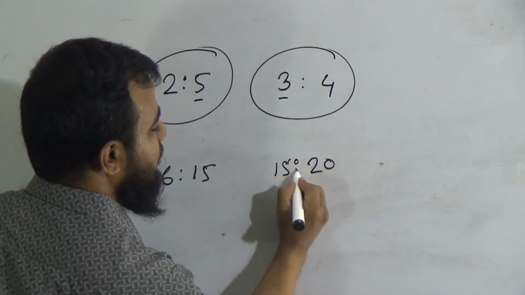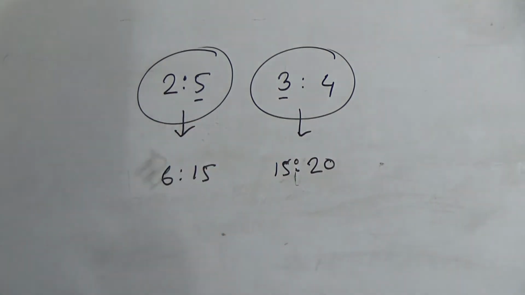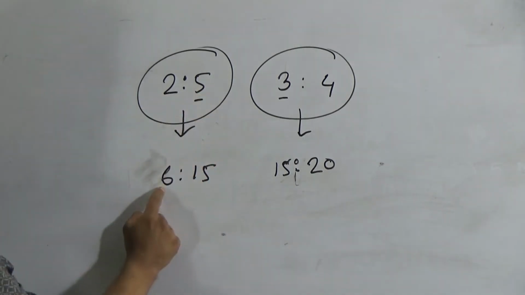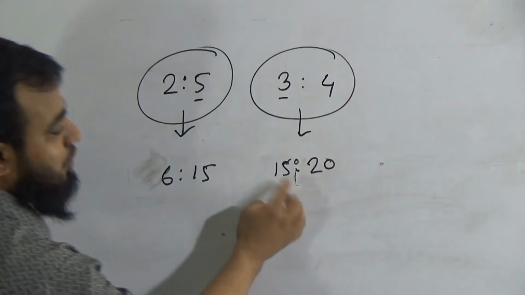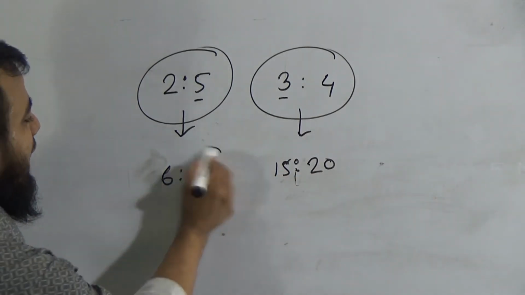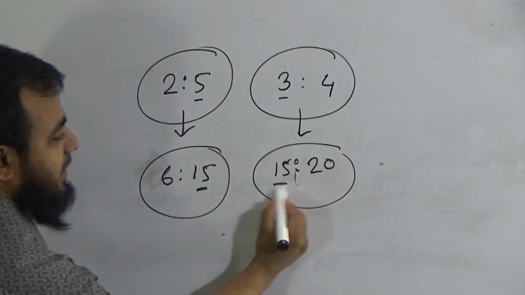Now look, my dear students, already these two ratios are converted. That means 2 is to 5 is converted into 6 is to 15, and 3 is to 4 is converted into 15 is to 20. Now in these two new ratios, the subsequent and antecedent are equal.